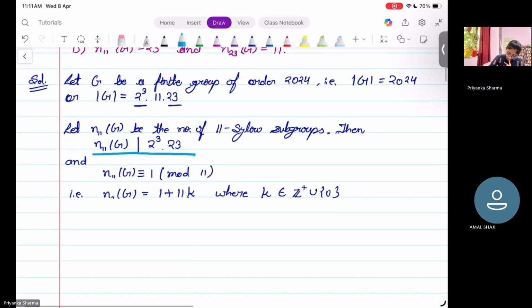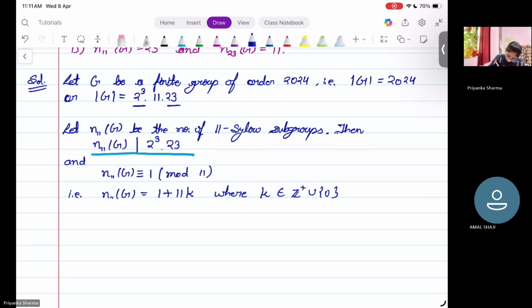If we have k equal to 0, we will have N11G as 1. For k equal to 1, this will be 12, but 12 doesn't divide 2 cube into 23, so this cannot be possible.